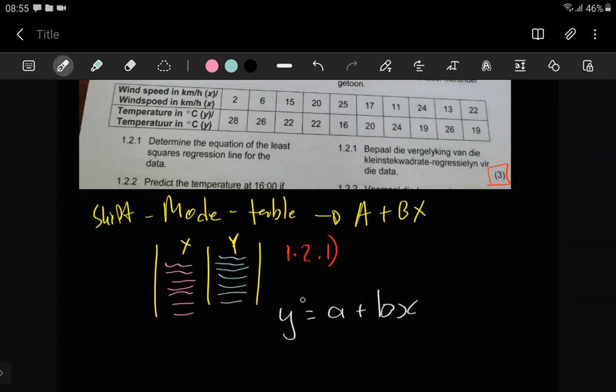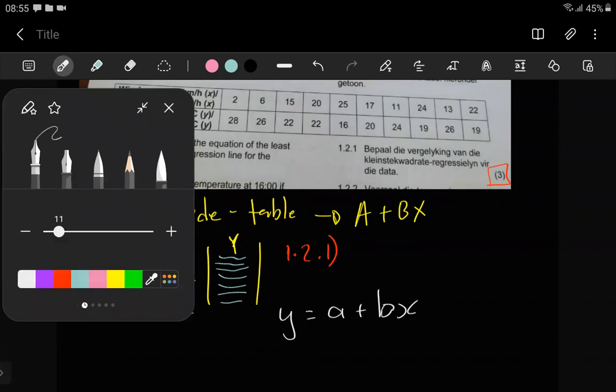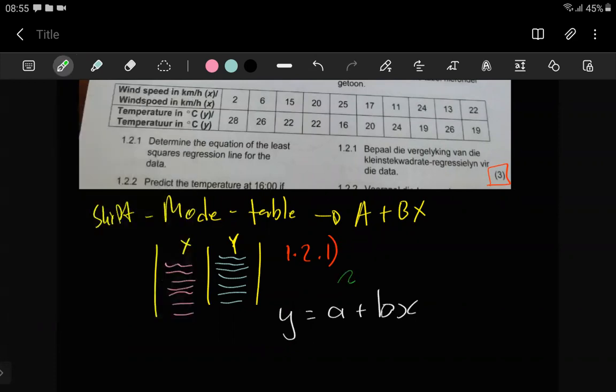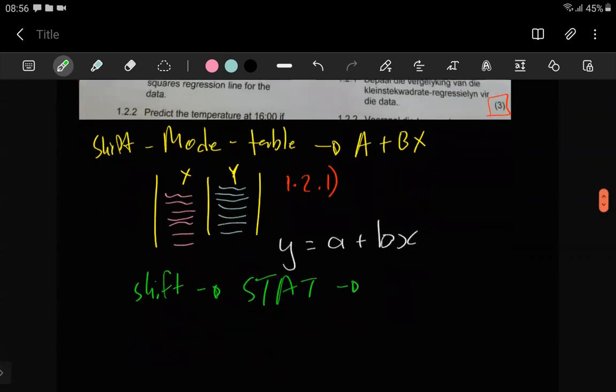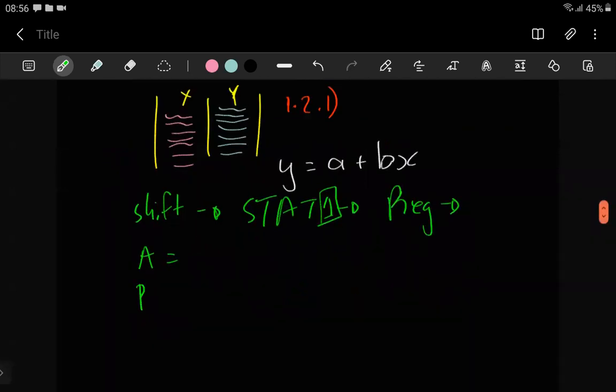In the calculator, you would press shift stat, the number one button, and then reg, then press 5 for A. Then you do it again, and you press B.